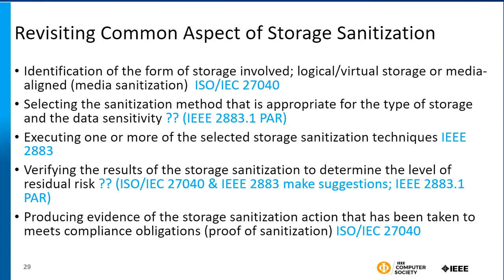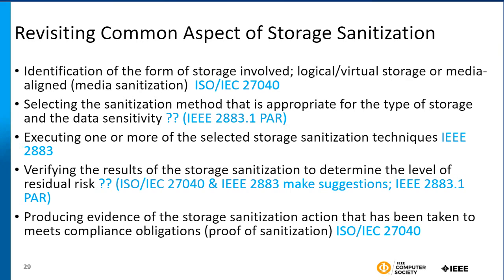So how to deal with the selection of the method? Well, we have a new project, 2883.1, which has got an approved project authorization request. This is one of the topics that it's going to try and deal with. Executing the technique, 2883 has definitely got that covered.